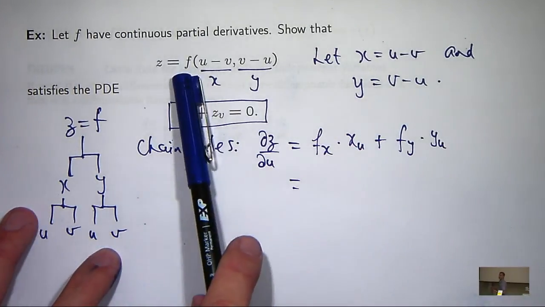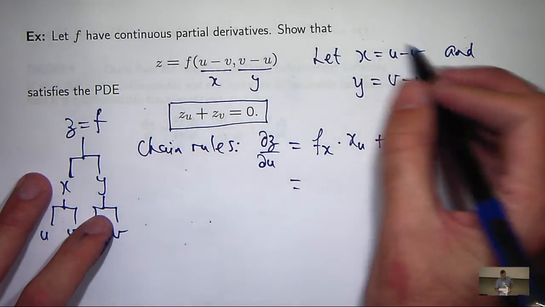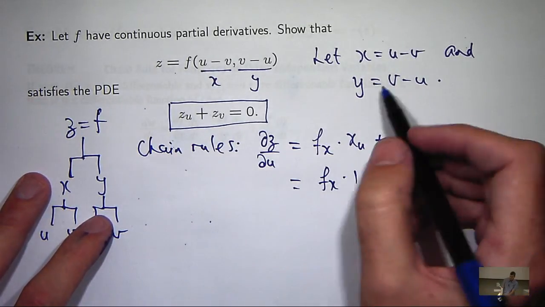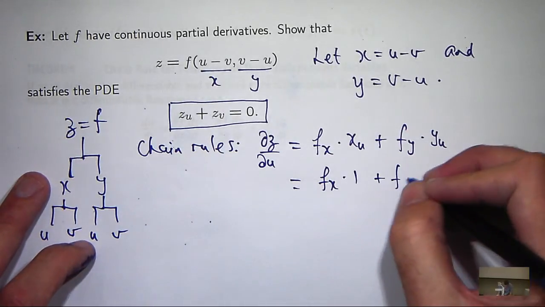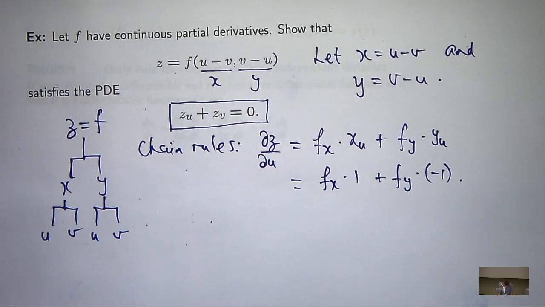What about the other chain rule? dz dv. Well, let's work our way down through the branches to v's. So let's see if I could simplify here. X sub v is going to be minus 1.